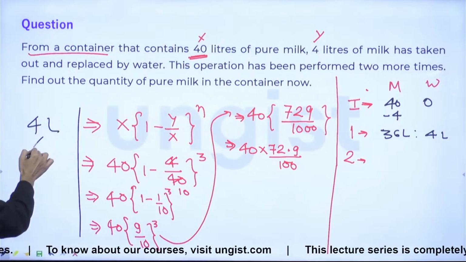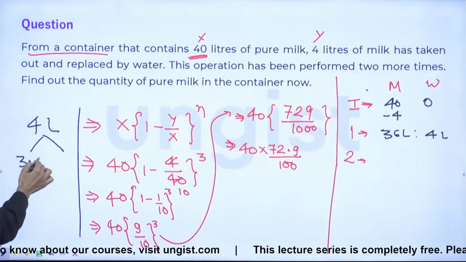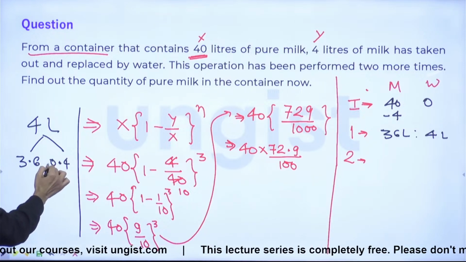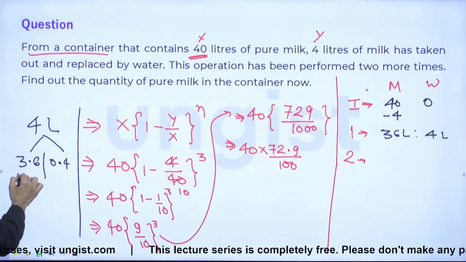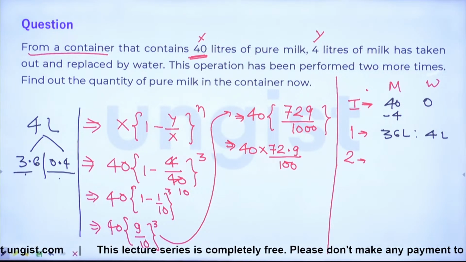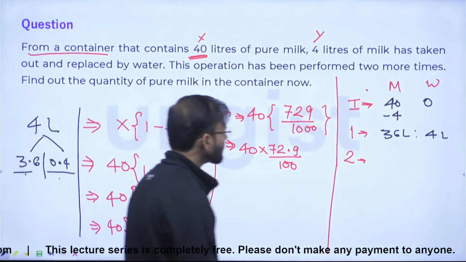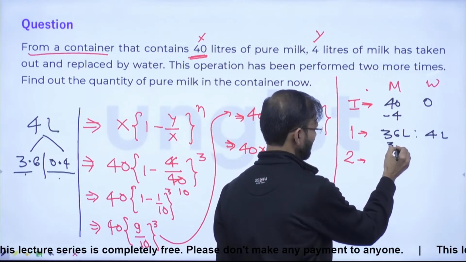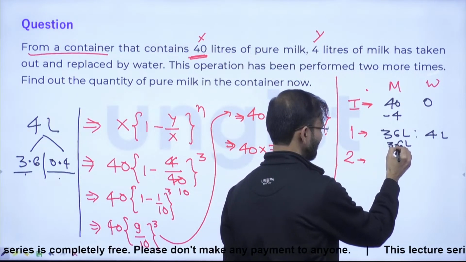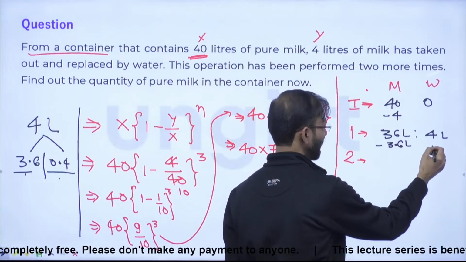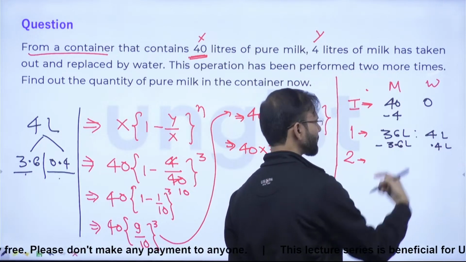So if 4 liters will be coming in the ratio 9:1, this is 9, this is 1, right? So now 3.6 liters is subtracted from this and 0.4 liters will be subtracted from this, guys.